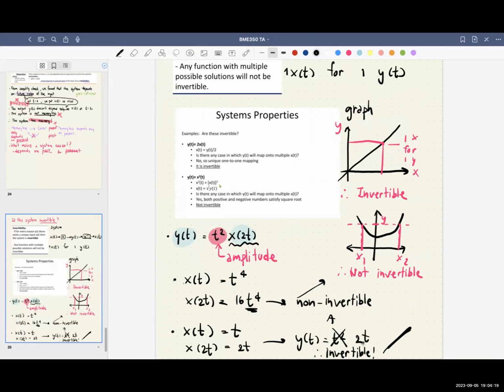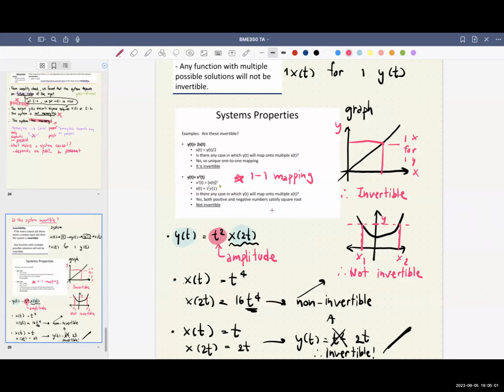Yes, please, Professor. So important thing to remember here is that we are looking at the property of the system and not the signal itself. So in terms of invertibility, what we are saying is that if we can identify a one-to-one mapping between the x and the y, that's enough for us, right? So the question to ask is, could this y come from two different values of x(t)? So you can solve for x(t), right?